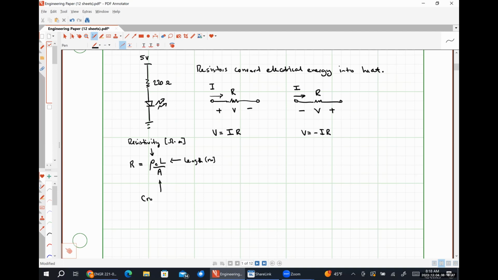And A is the cross-sectional area measured in meters squared. So if we had a section of wire, making it a very long section of wire.